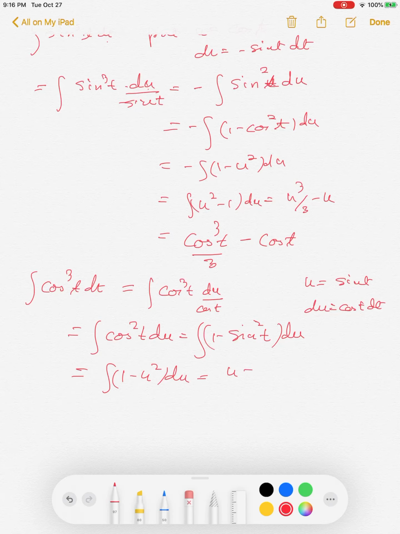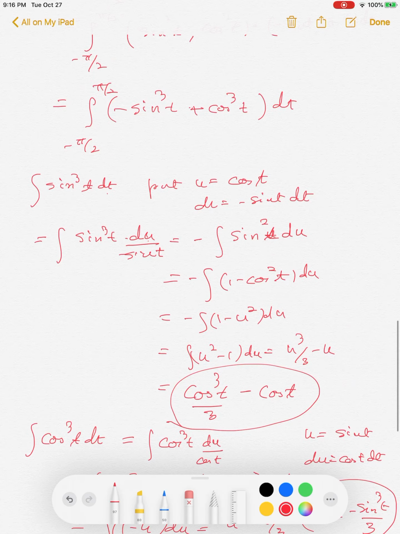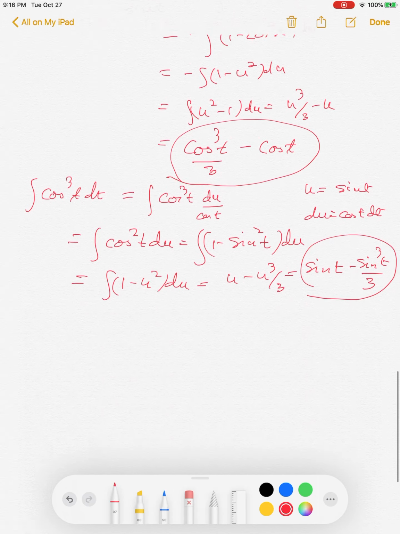And now you use the fact that sine t is u, so this is 1 minus u square du. So it is u minus u cube by 3, and so it's going to be sine t minus sine cube t by 3.